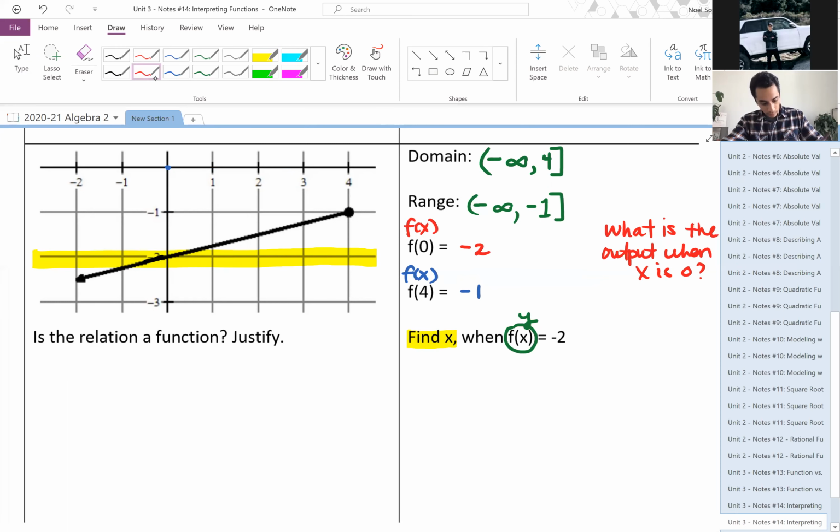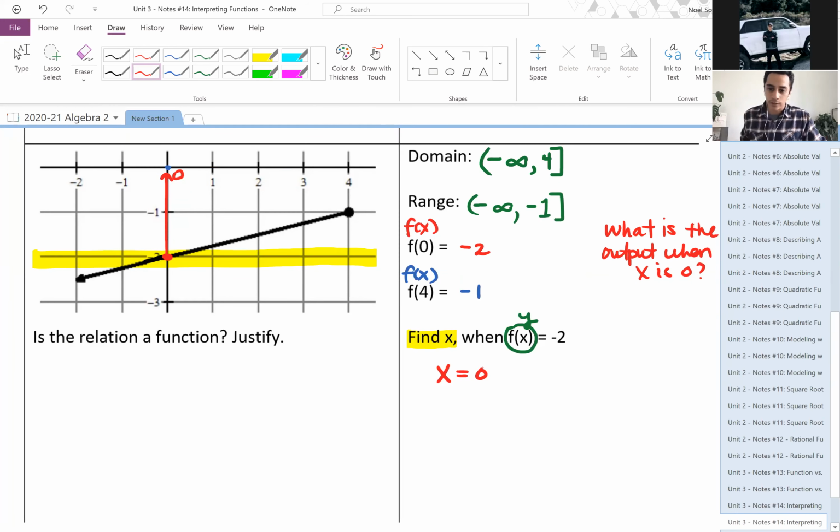And you see that there is a point where it does touch, right? What is the x value for that y value? Go up, that's right. And this would be 0, right? That x value would be 0. So x equals 0.